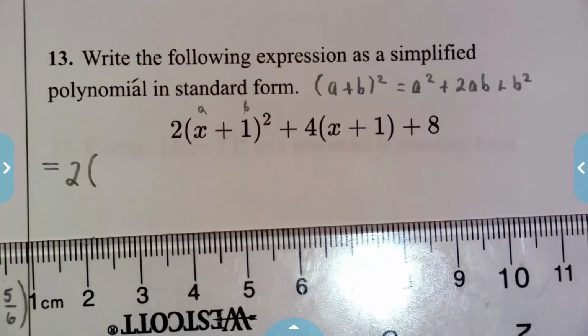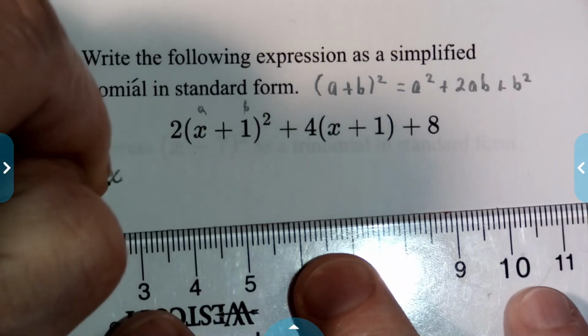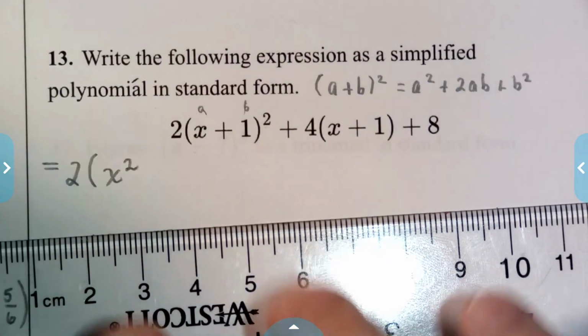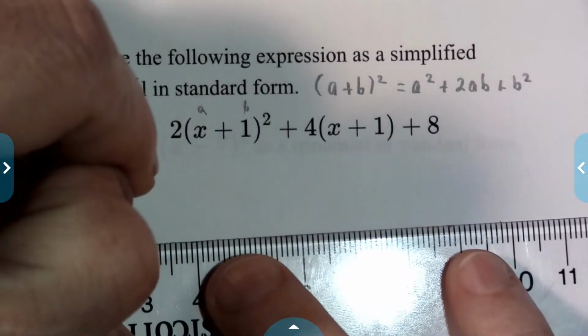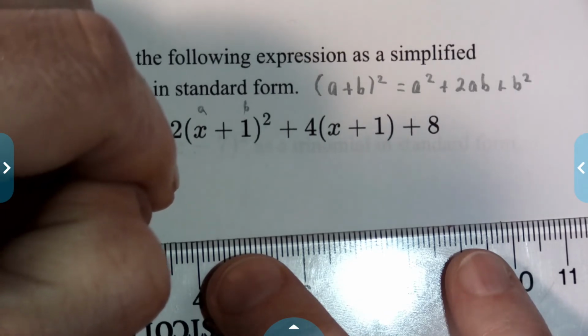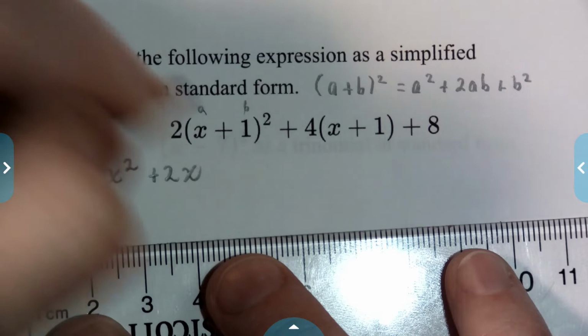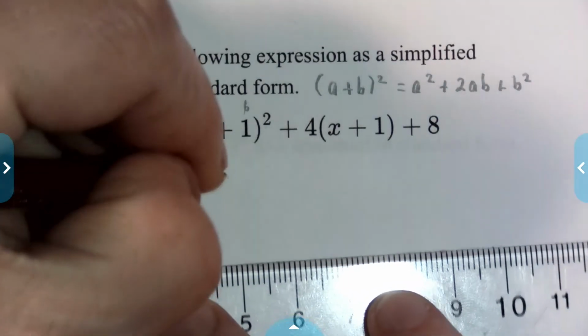Let's see if we can do it in our heads. So A squared, x squared, plus 2 times a times b, so 2 times x times 1, that's just 2x, plus b squared, so 1 times 1, 1 squared is 1, plus 1.